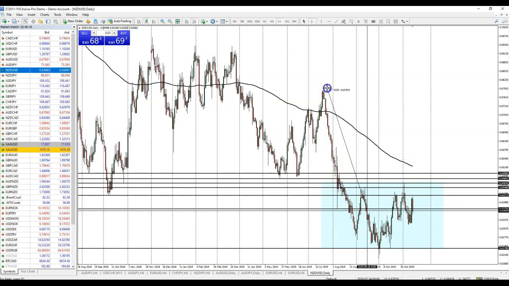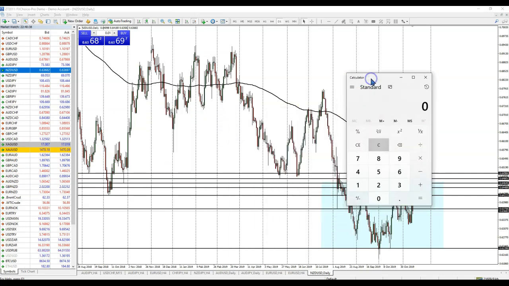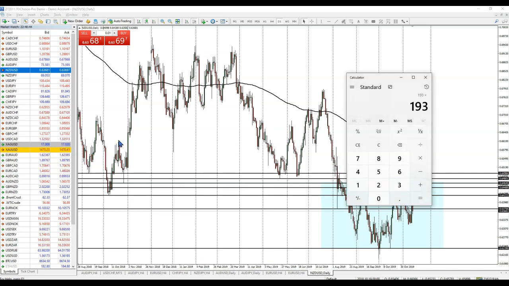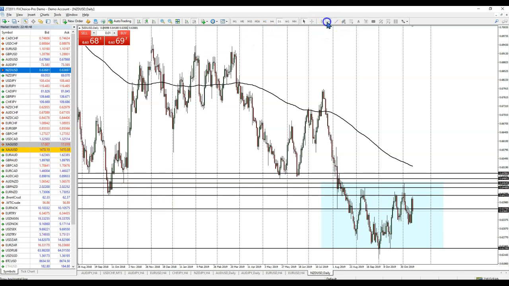You can measure how far this is. 300, 300, 250. So if I did a 0.1 lot, 0.01, that's equivalent to $25 or 10 cents per pip. You can easily calculate that with your calculator. Just measure, 193 times 0.1 is $19 from here to here.